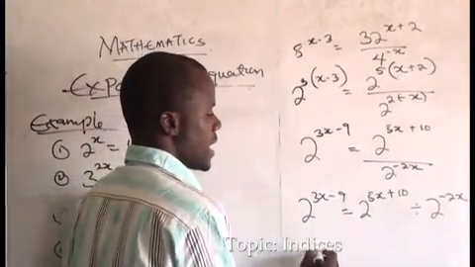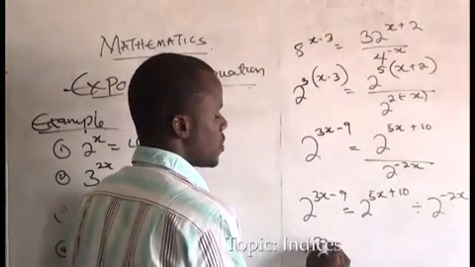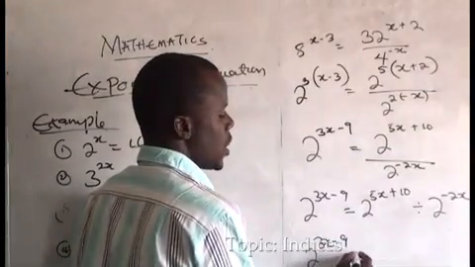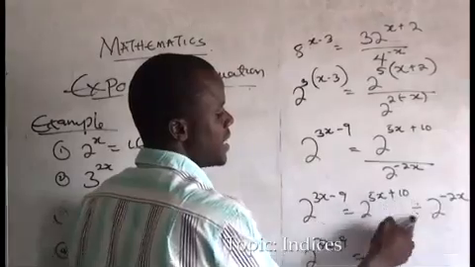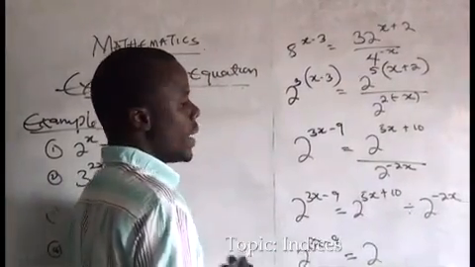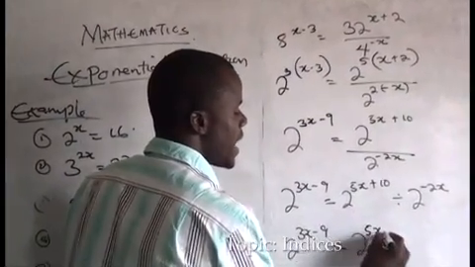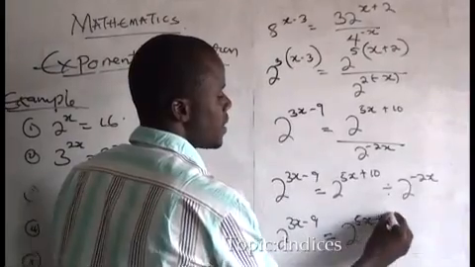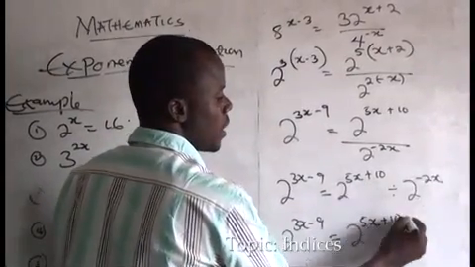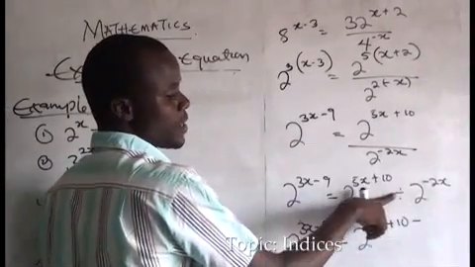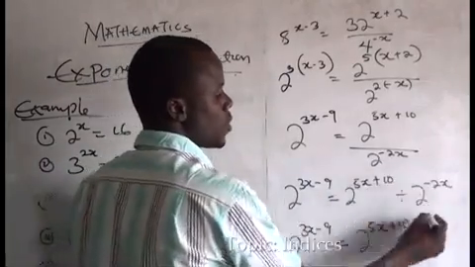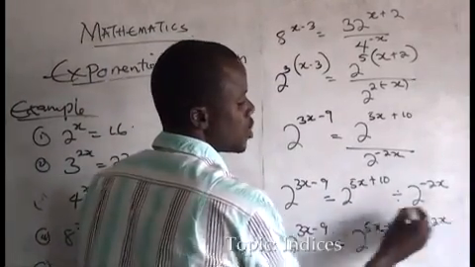So here we can now say 2 to the power of 3x minus 9 equals, they have the same base, and here it is a division. We just take 2. Then here we say 5x plus 10. Then the power, we have a constant minus from the division, and also here is another minus 2x.